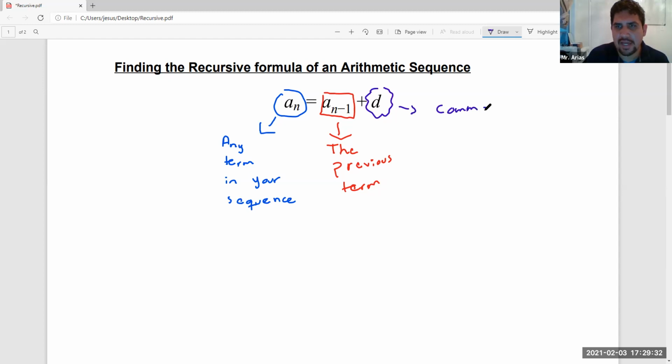And this is the main proof that you have an arithmetic sequence in the first place, if this value exists. Common difference. Okay, so this is the notation that we need right now. Feel free to copy it down, and then now let's apply this information with an actual example.